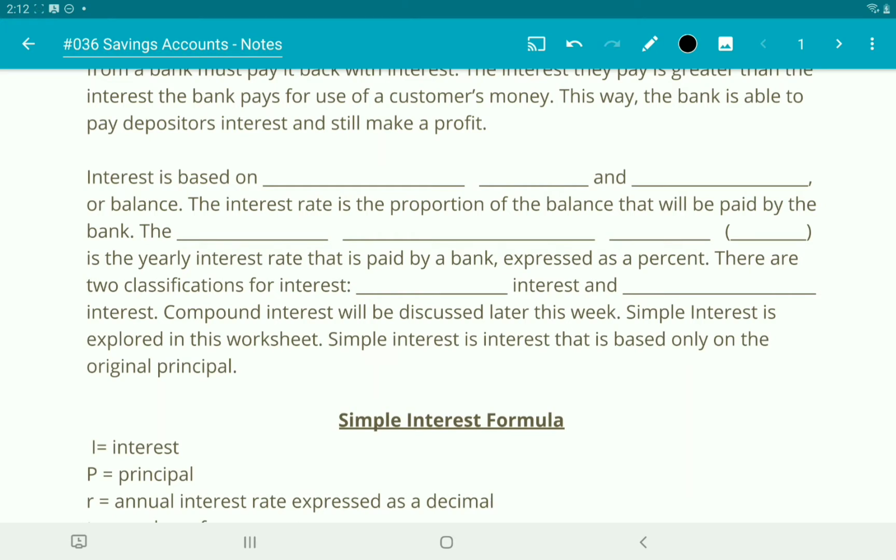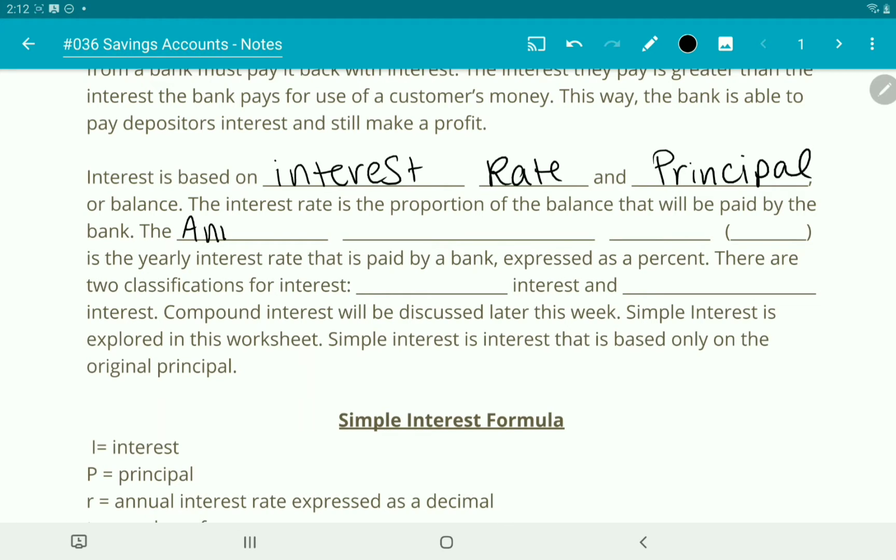So interest is based on two things. It's going to be based on the interest rate and the principal, or the balance of the account. So the interest rate is the proportion of the balance that will be paid by the bank. So what percentage of the amount that you have in your account is the bank going to give you back?